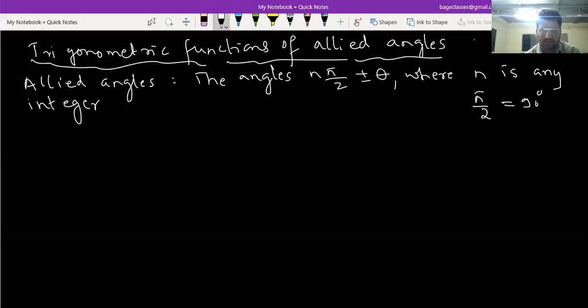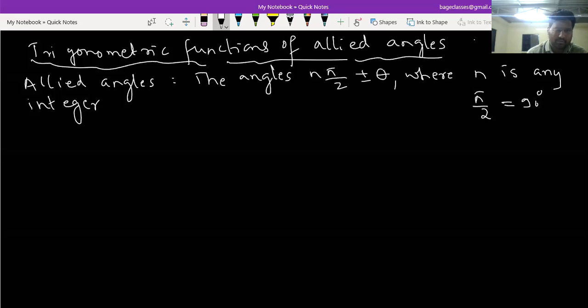If I take n equal to 3, 3 pi by 2 plus or minus theta, n equal to 4, 2 pi plus or minus theta. So all these angles, 180 plus theta, 180 minus theta, 270 plus theta, 270 minus theta, etc., are called allied angles.